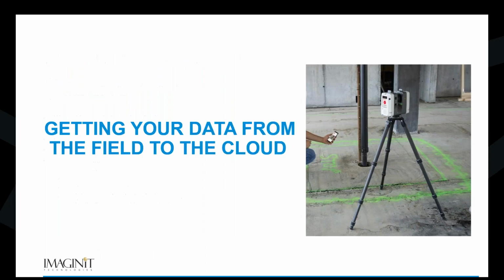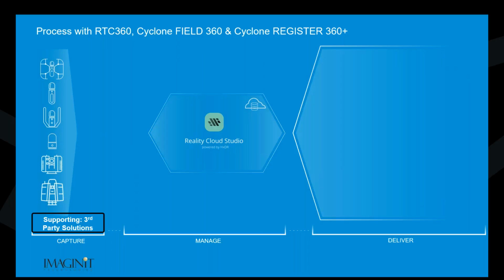Okay, so with that said, we're going to take a look at Reality Cloud Studio, starting right at the beginning. How are we going to get our data from the field into the cloud? We can get all kinds of different data into Reality Cloud Studio.